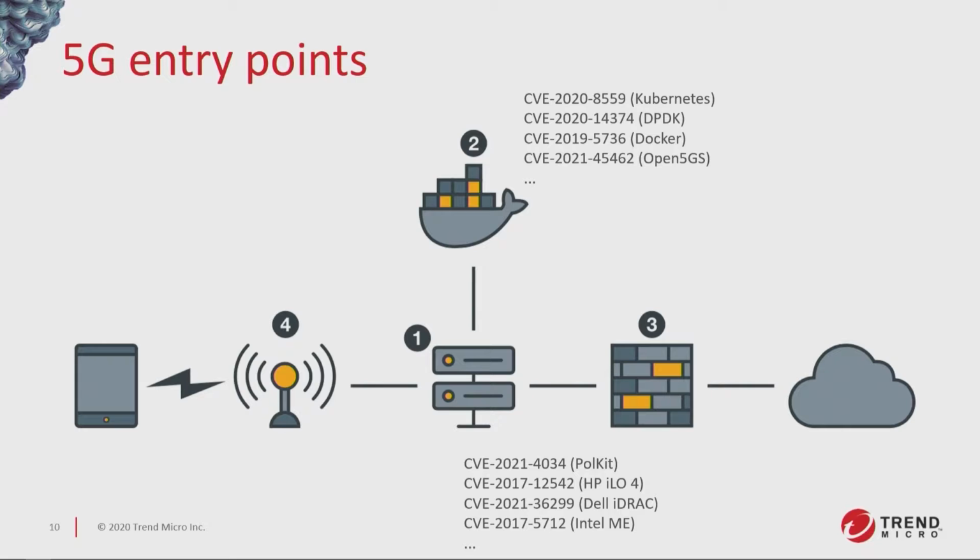So you actually have to pay attention to what's going on out there and not just be aware of what's going on with the specialized hardware that you had before. You also have to be aware of what vulnerabilities there are with Kubernetes and Docker and some of the packages that are being run on your 5G core network.